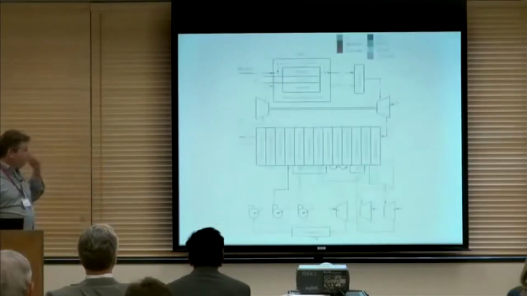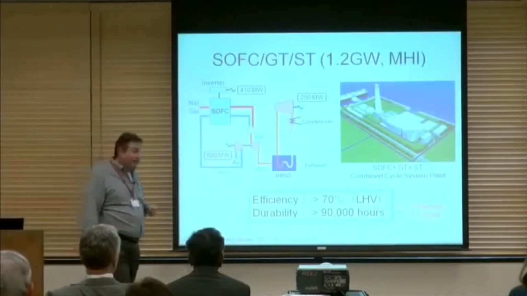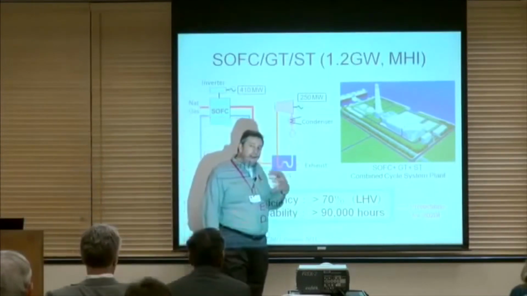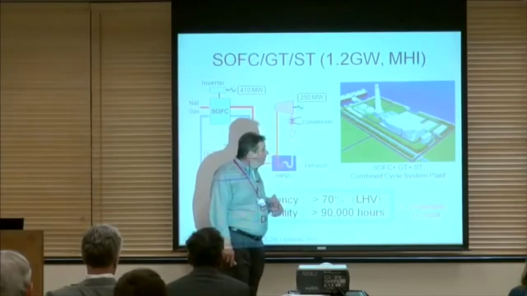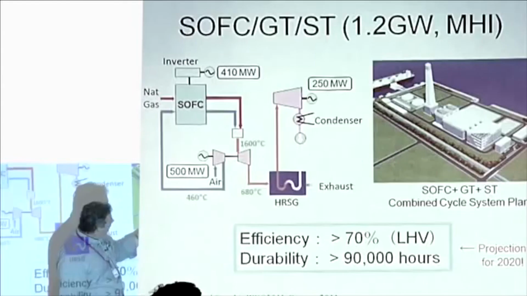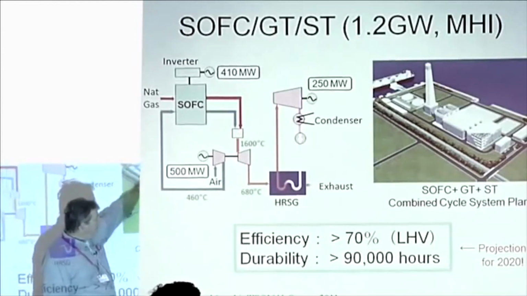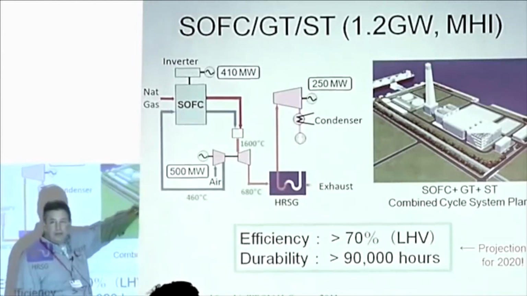Okay. The interesting thing, and I'm hoping GE is going to make this, is I'm sort of reverse engineering this and trying to figure it out, and I looked at this and said, oh, this is kind of neat. It looks like some HRSGs over here, a stack, sort of a gas turbine building.